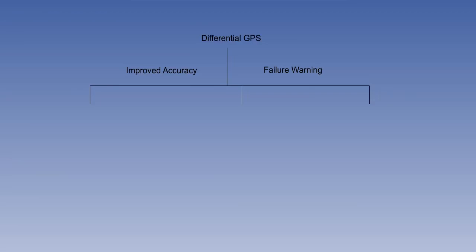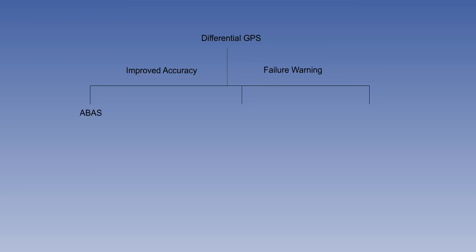If the SV information degrades, the GPS receiver has no means of determining the degradation. Differential GPS, or DGPS, is a means of improving the accuracy of GPS by monitoring the integrity of the SV data and warning the user of any errors which occur.